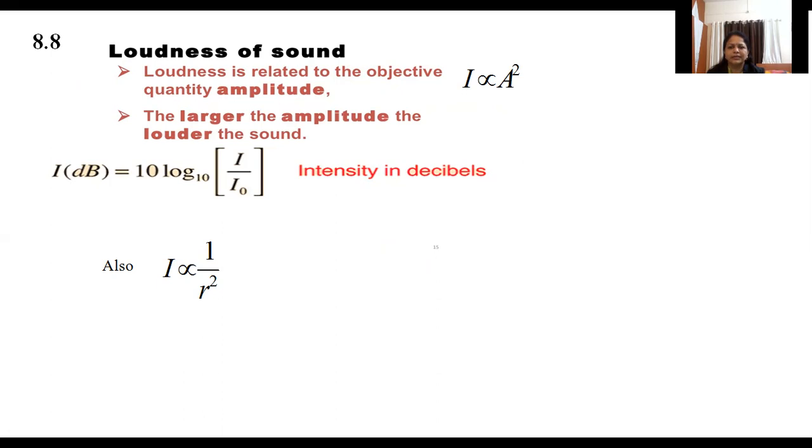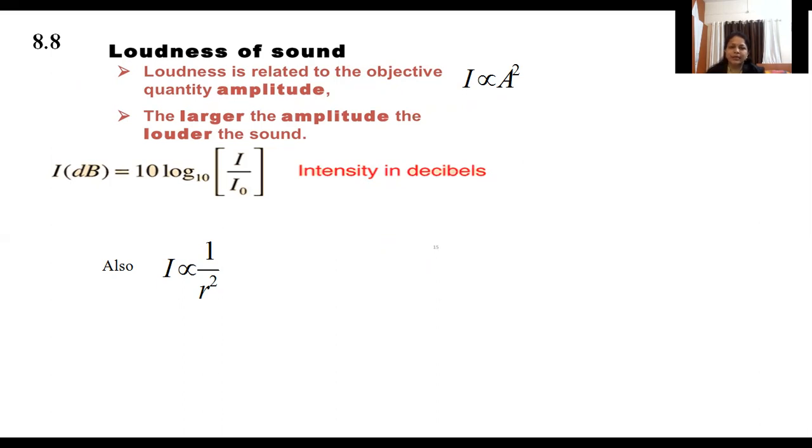The loudness is related to the amplitude, and it varies as the square of the amplitude. Larger the amplitude, louder is the sound.